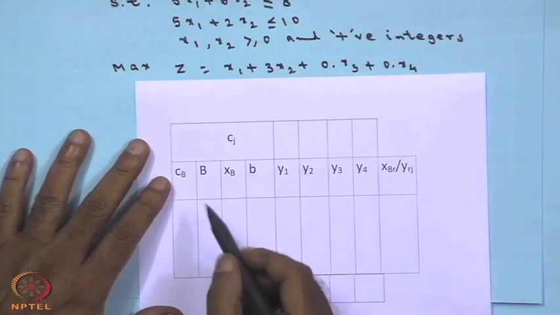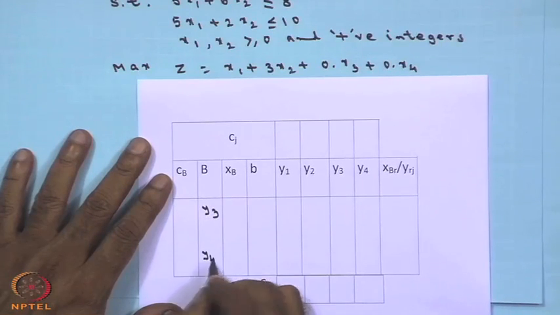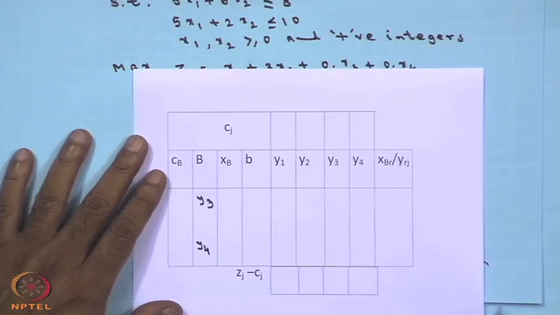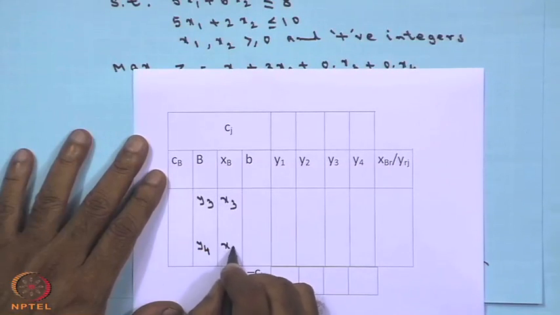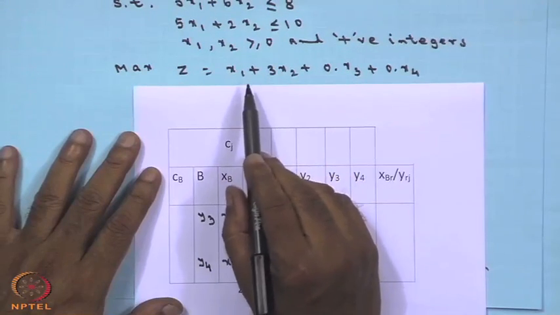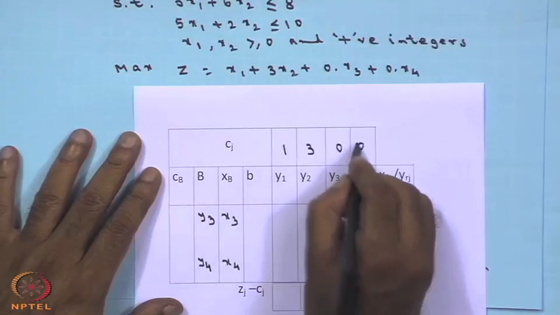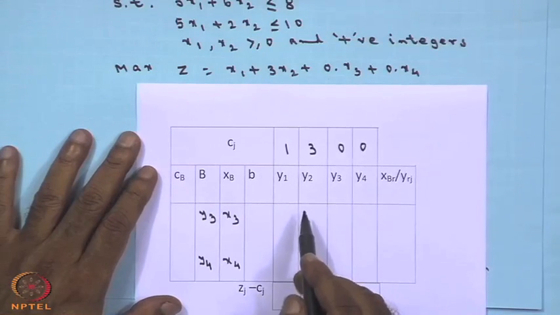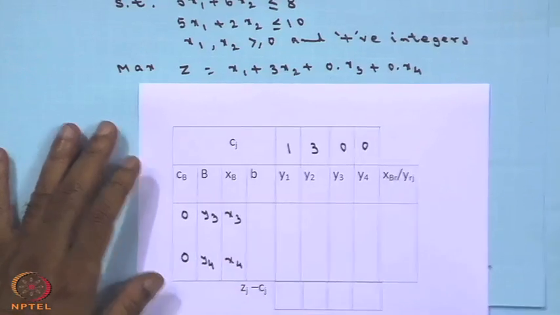Therefore, in B you will have y3 and y4, and your xB is x3 and x4. The cost values of y1, y2, y3, y4 are 1, 3, 0 and 0, so I am writing 1, 3, 0 and 0. The CB values corresponding to y3 and y4 are 0 and 0.